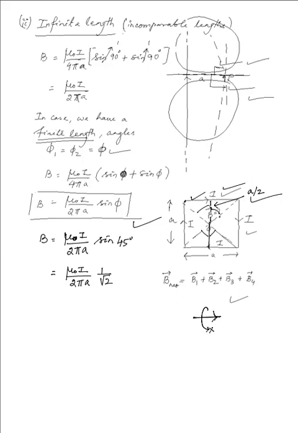Likewise, if we continue with the other sides, obviously they will have the same dimensions, because this will be a by 2 as well, and the current continuing along the wire is I. If we align the thumb along this direction, your fingers curl along this direction into the plane again.